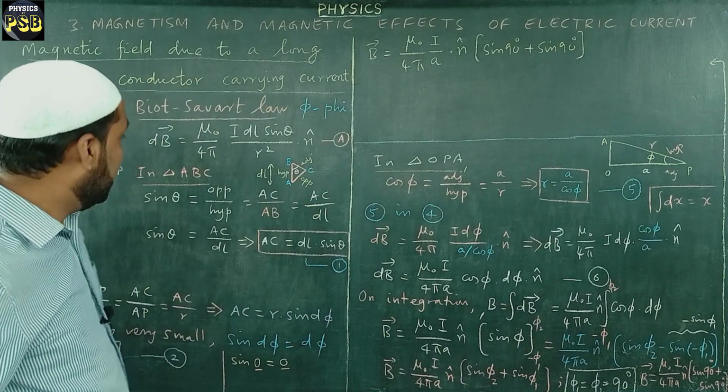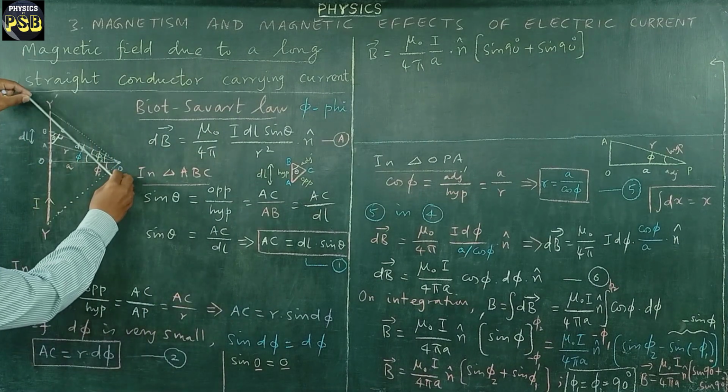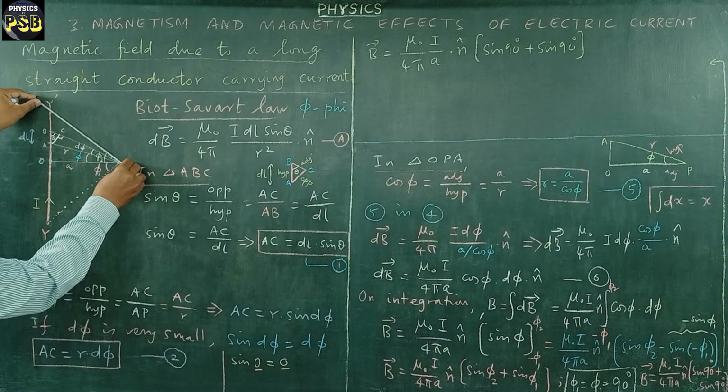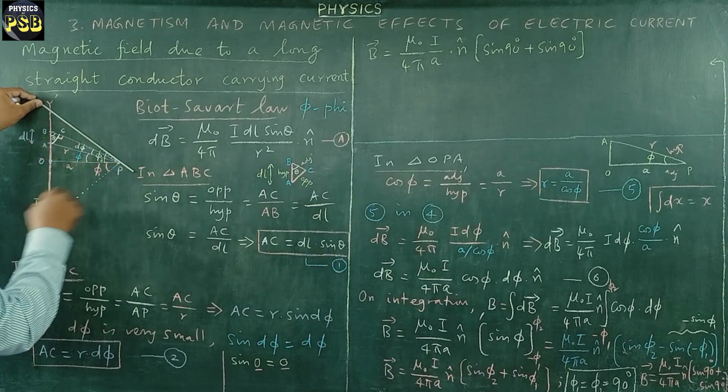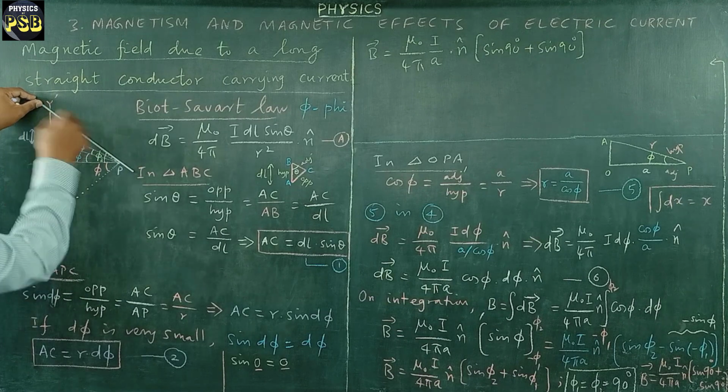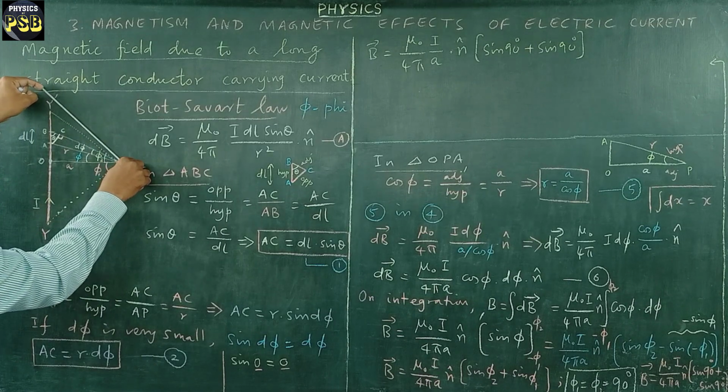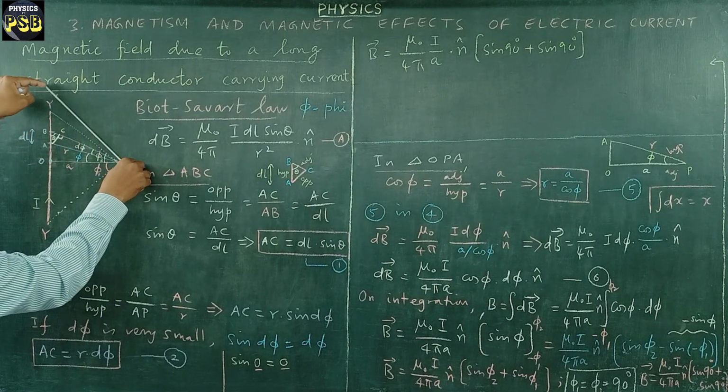Let me show this to you once again. Here, suppose this aluminum rod represents the line P y dash. If I increase the length of the conductor, slowly this angle will increase.